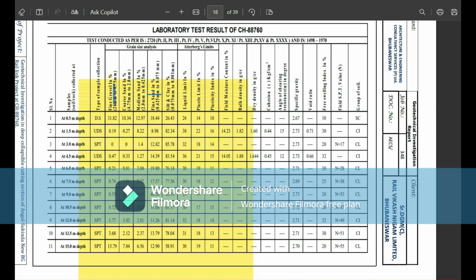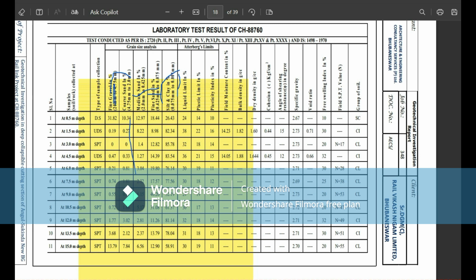For silt and clay the size is 0.075 mm to 0.001 mm, for sand 4.75 mm to 0.075 mm, and greater than 4.75 mm is the gravel.